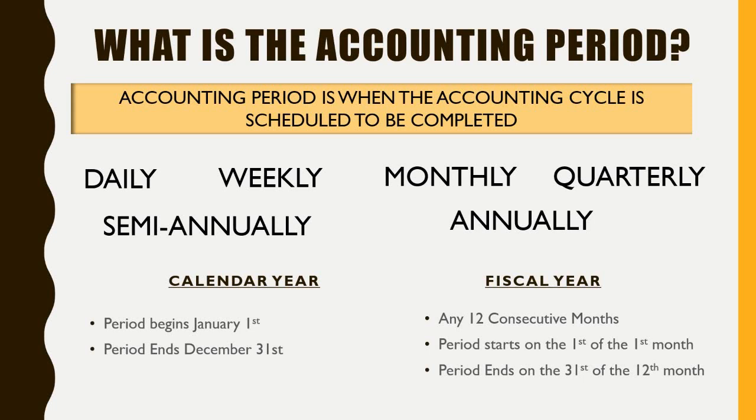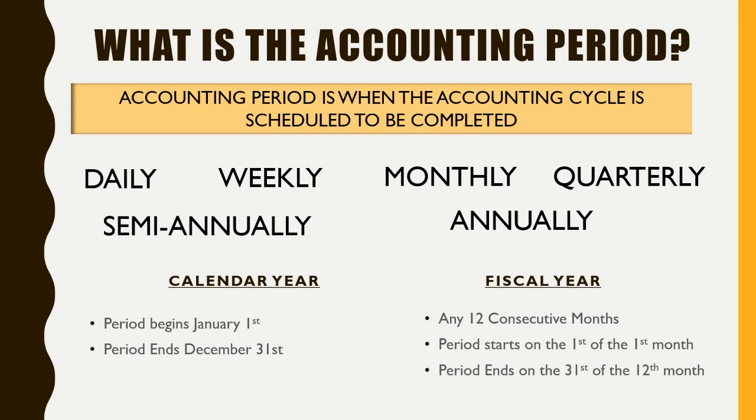As we've mentioned before, how many steps are there to the accounting cycle? 10. Now, just me explaining exactly what to do, how long do you think it's going to take you to complete all 10 steps? A year. It can take a year, and that's why we have these options here.